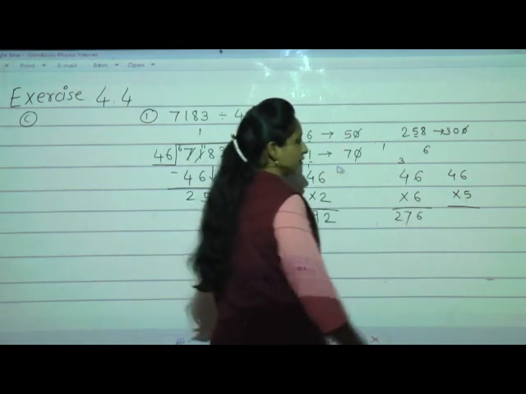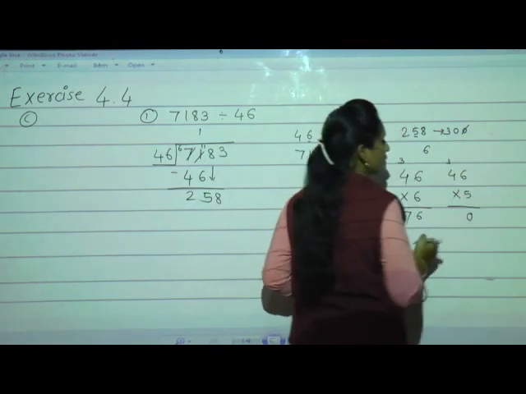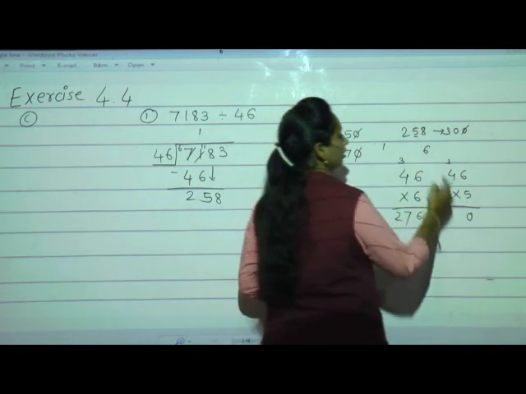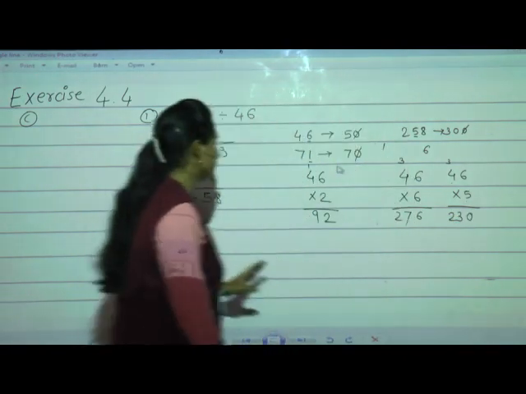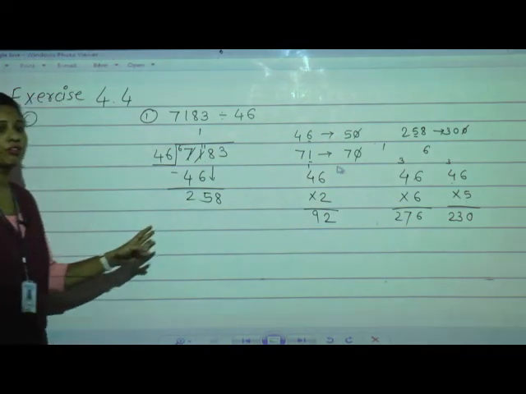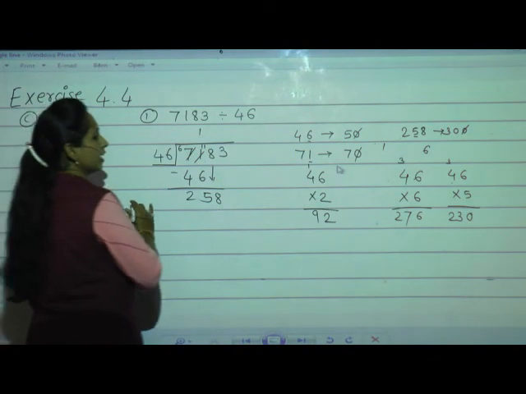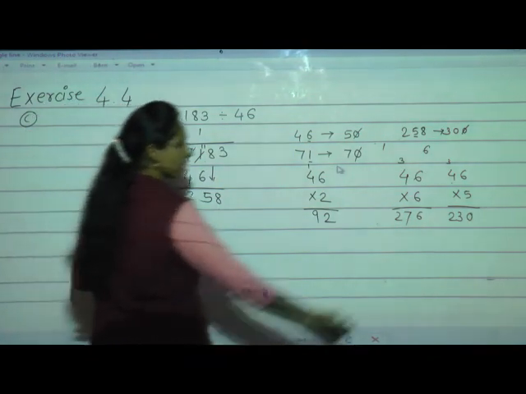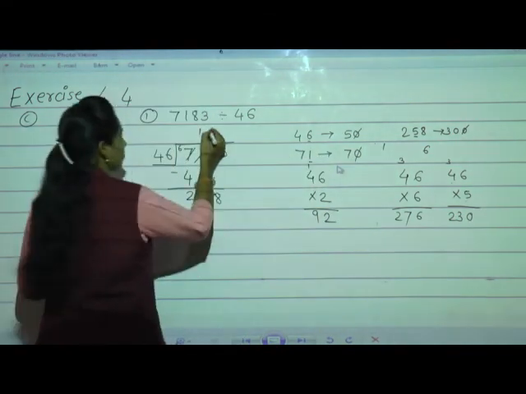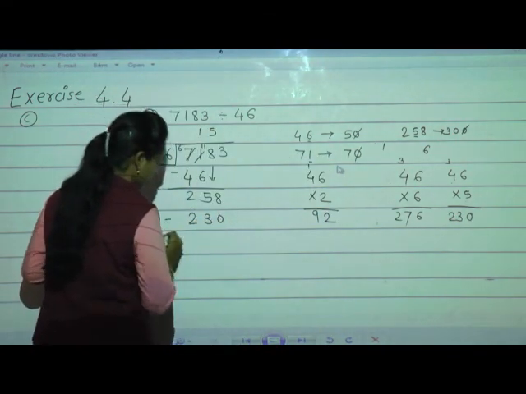With quotient 5 we will try. 5 6s are 30. 5 4s are 20, 20 plus 3, 23, isn't it? Now 230 can go from 256. Now how many times will 46 go from 256? 5 times. 5 times 46 is 230. Now do the subtraction.